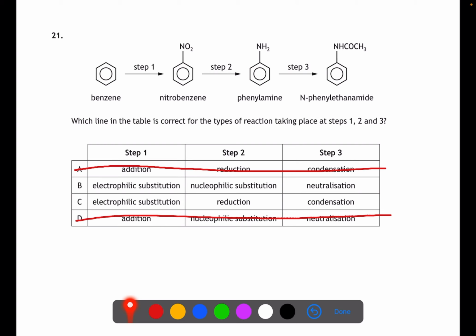In step 2, we're taking nitrobenzene, the NO2 part, and we're turning this into phenylamine. So we're taking the nitro part and we're reducing this back to NH2, which means that we should be looking for C, which we can confirm by looking at step 3. By looking at step 3, we can see we're taking an amino group and we're forming an amide. So this is a condensation reaction, much like would happen if you were making a protein. This confirms that C is the answer.